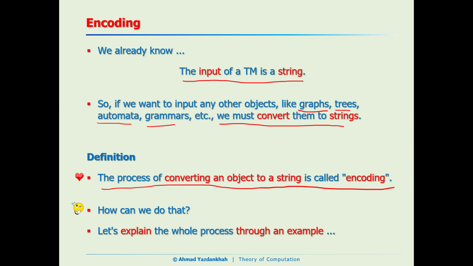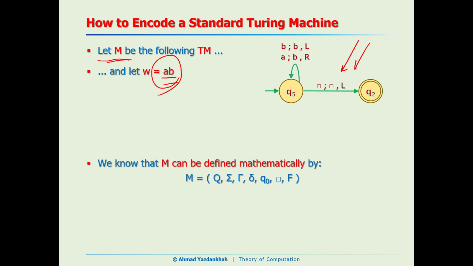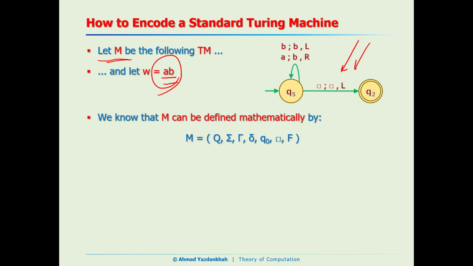Let me explain it via an example, and please note that this is just one way of encoding. We have many ways of encoding. We have this Turing machine and we have this string. We want to encode this Turing machine and this string. We already know that we can define mathematically a Turing machine with a septuple, or 7 items.